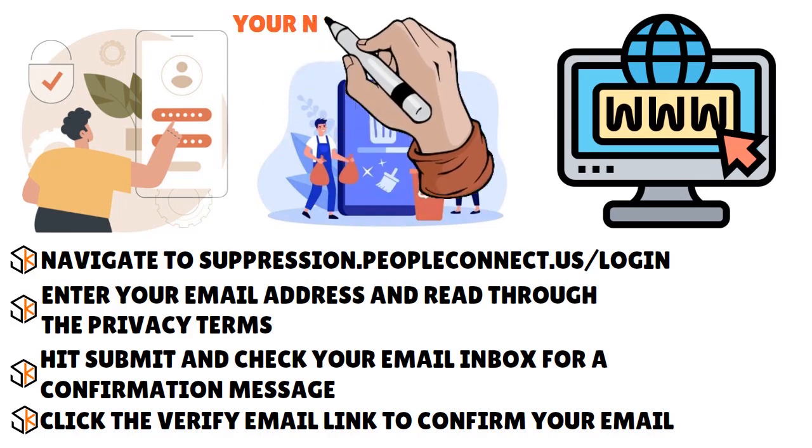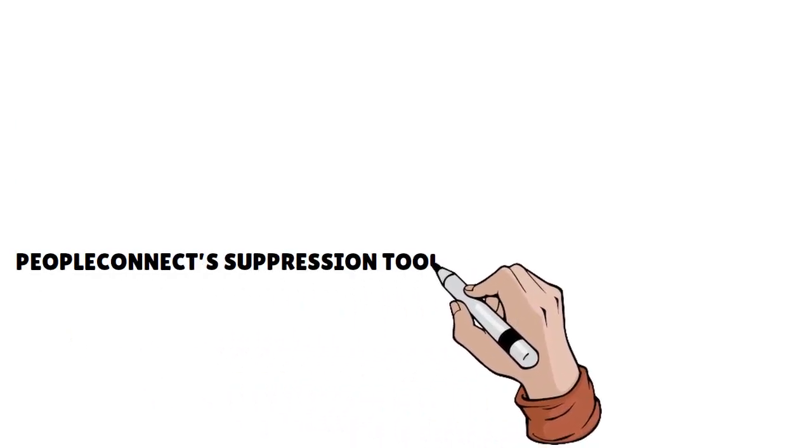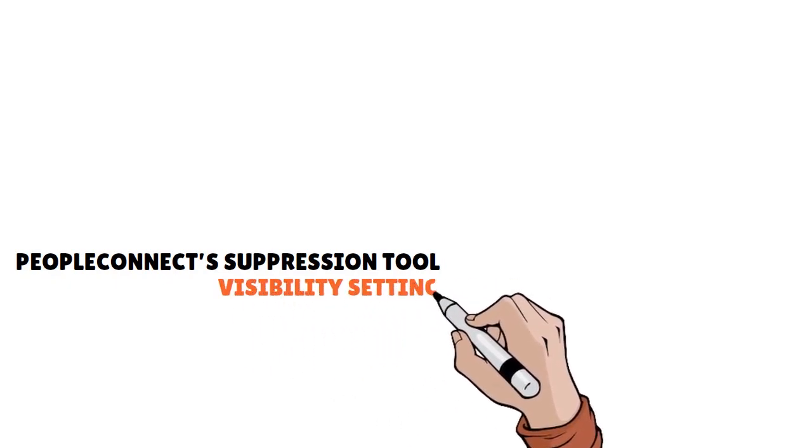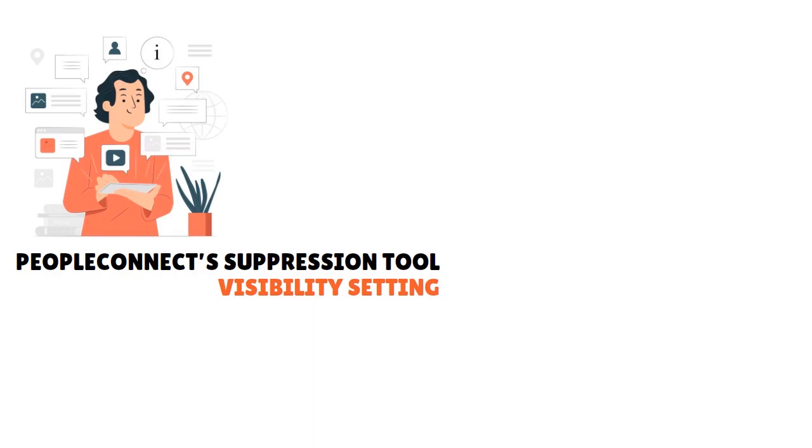There you want to enter your name and email address and click on save. After completing these steps, you can verify the results by going back to People Connect's suppression tool and checking the visibility setting. It should show your information as suppressed. That's the first way of doing it.